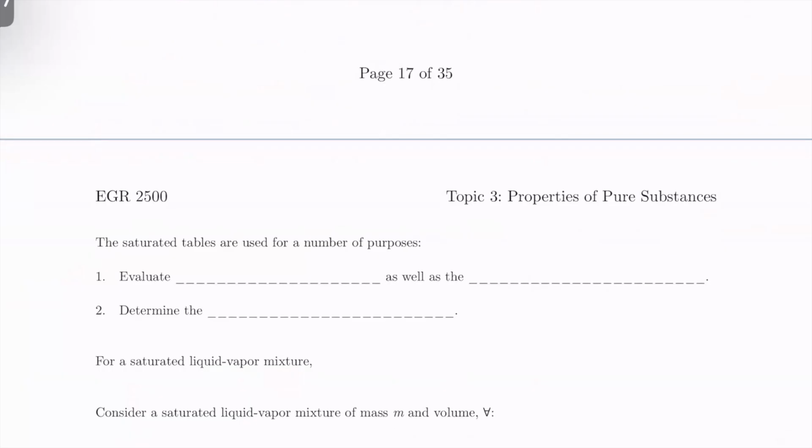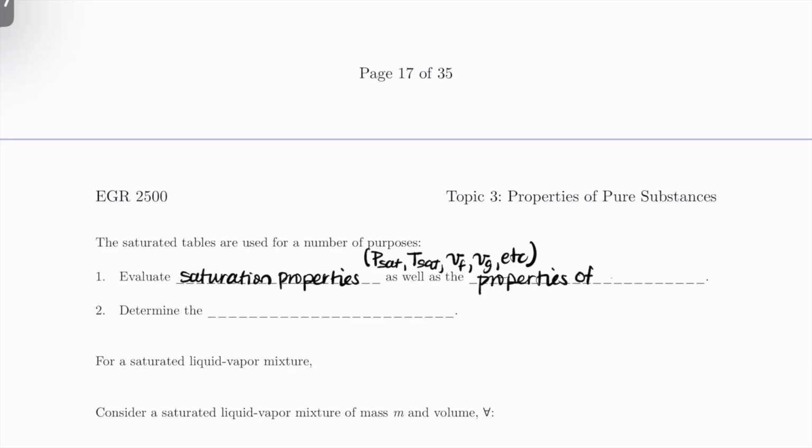The first one is to evaluate saturation properties, so things like PSAT, TSAT, VF, VG, and so on and so forth, as well as the properties of saturated liquid vapor mixtures. And then we also use them to determine the phase of a substance.